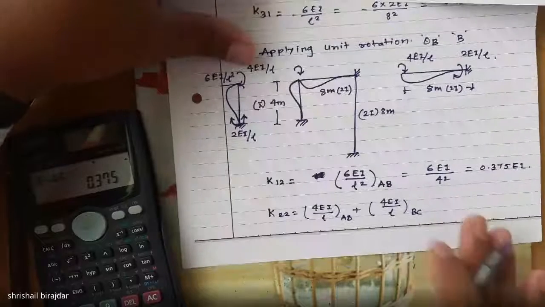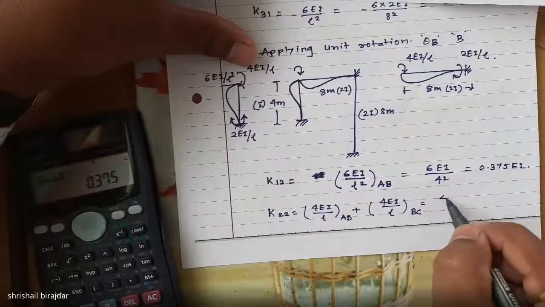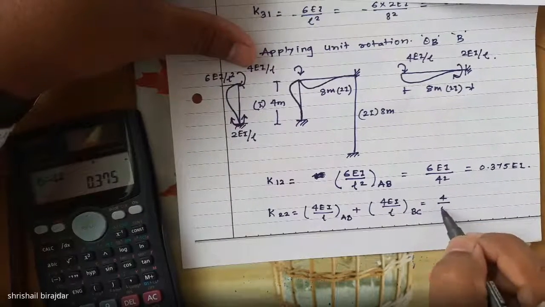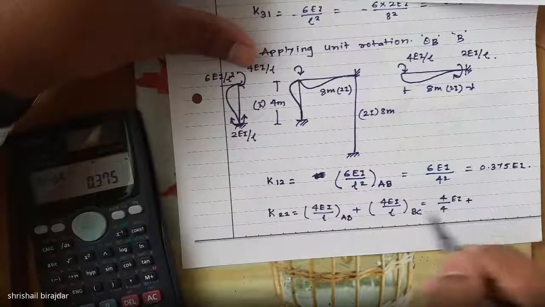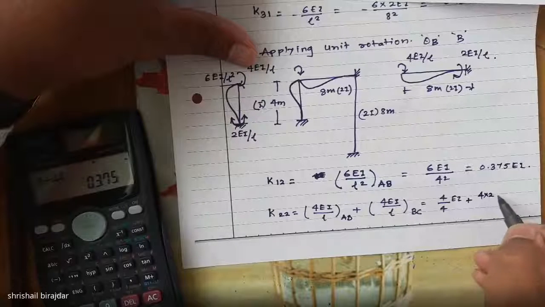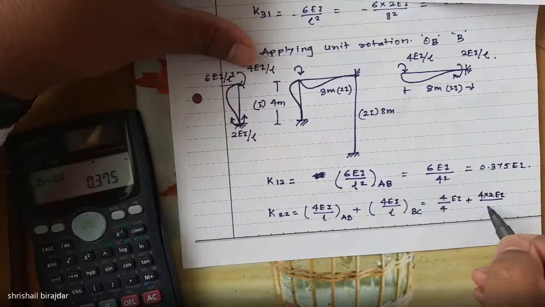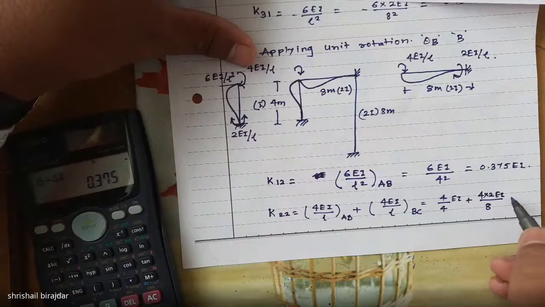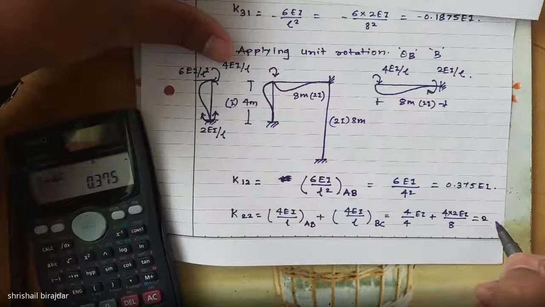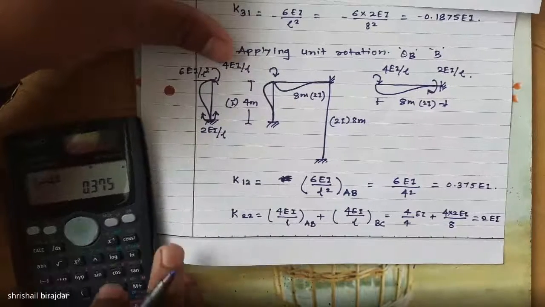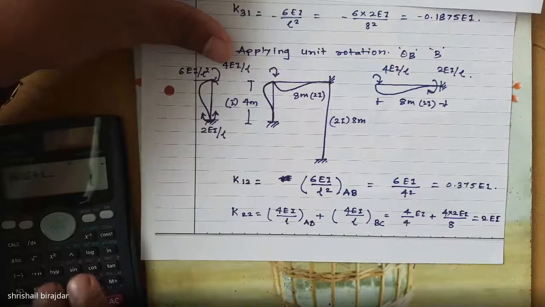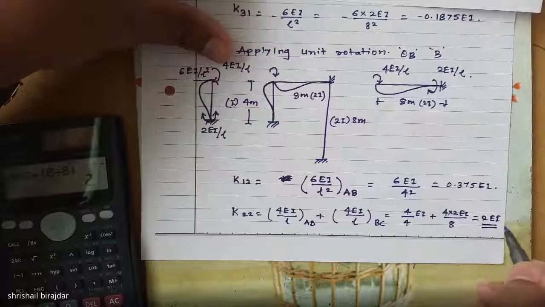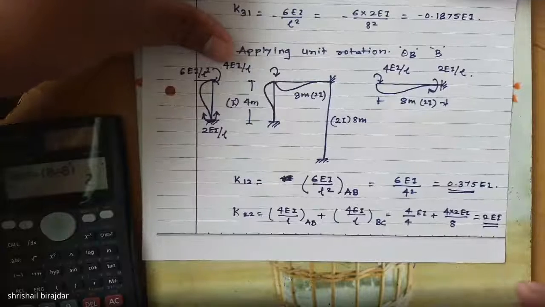Then you write down 4EI as it is, plus here 4 into 2EI divided by L, 8. It works out to be equal to 2EI. Exactly the same: 4 divided by 4 equal to 1, plus 8 divided by 8 equal to 1, equal to 2EI. Whether you are getting the same answer, please let me know.